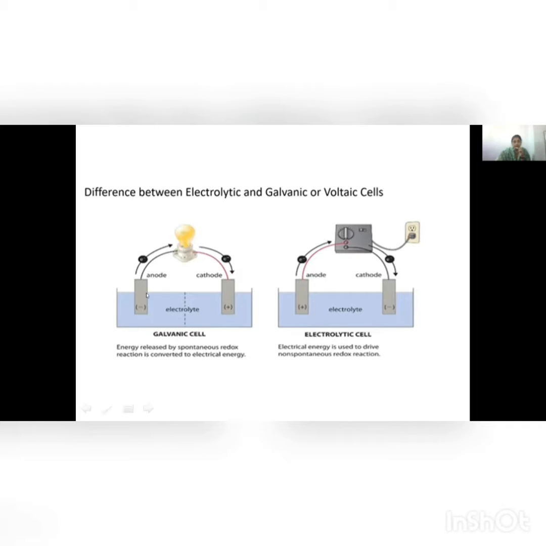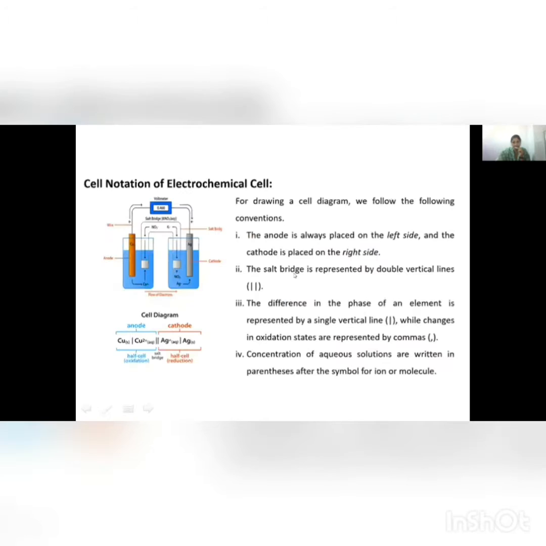In a galvanic cell, the anode is a negative charge and the cathode is a positive charge, whereas in an electrolytic cell it is the reverse: the anode is a positive charge and the cathode is a negative charge. An example of a galvanic cell is the dry cell, and an example of an electrolytic cell is the charging of a secondary storage cell, the secondary lead acid storage cell.